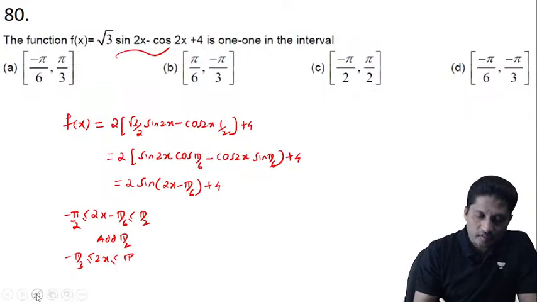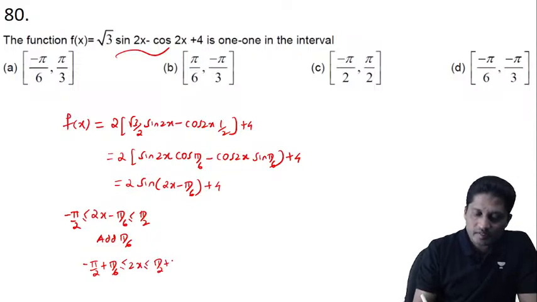If you add pi by 6, I'm sorry, I'm supposed to add pi by 6, you get minus pi by 2 plus pi by 6 less than or equal to 2x less than or equal to pi by 2 plus pi by 6.